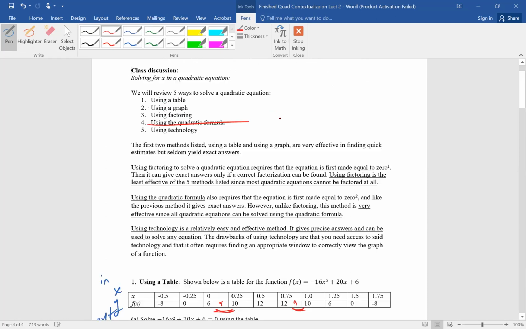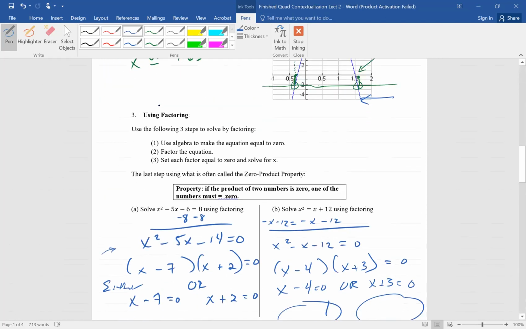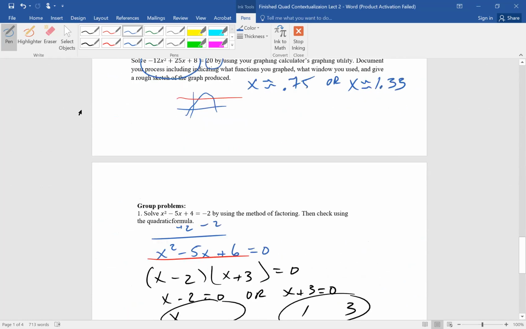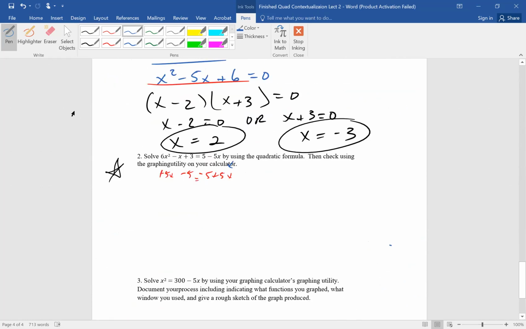You're going to end up with the formula 6x squared plus 4x minus 2 equals 0. Be careful, I took this 5x and those 5x and lined it up over here, and then took this 5 and put a minus 5. So my numbers and my signs should come out accordingly: a positive 4x and a minus 2.